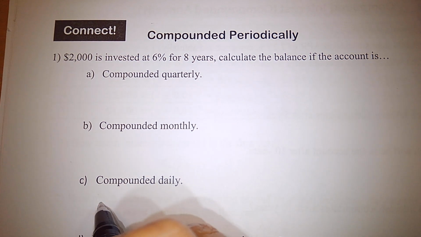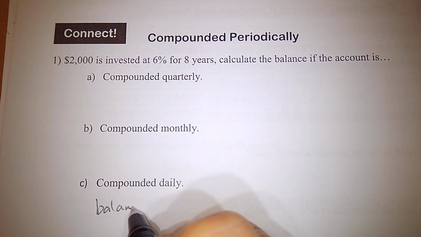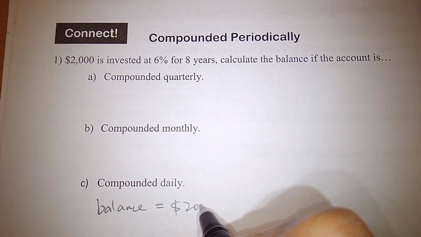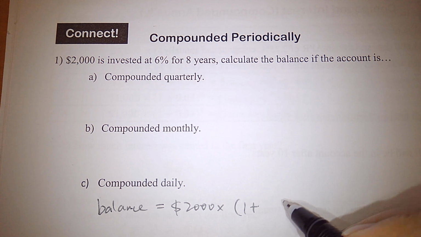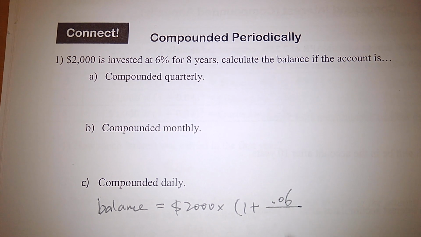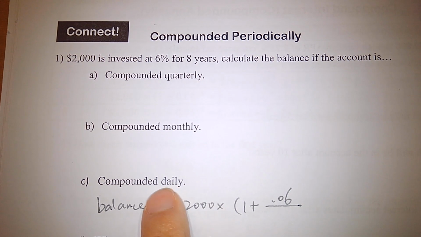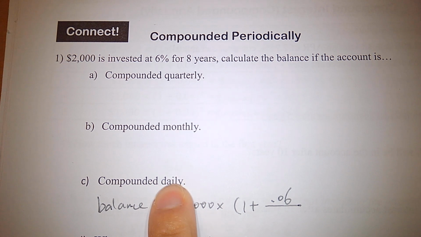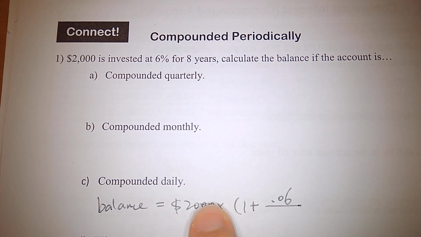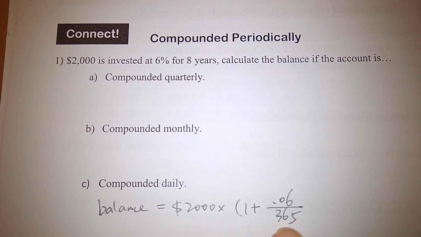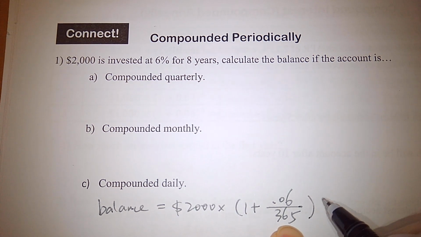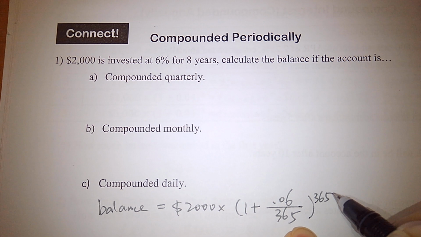Balance equals 2,000 times parentheses 1 plus what? 0.06. Make sure it's in decimal form. Divide by 365. Compounding daily means every day they give you interest, and it occurs 365 times. Then to the power of 365 times 8 years.